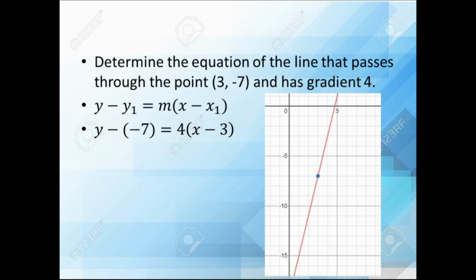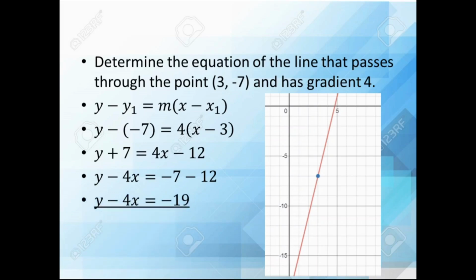So simplifying, y take away negative 7 will become y plus 7, and then expanding brackets, 4 times x is 4x, and 4 times negative 3 is negative 12. So I will transpose, and then I'll have y minus 4x is equal to negative 7 minus 12, and that gives me the final answer of y minus 4x is equal to negative 19.